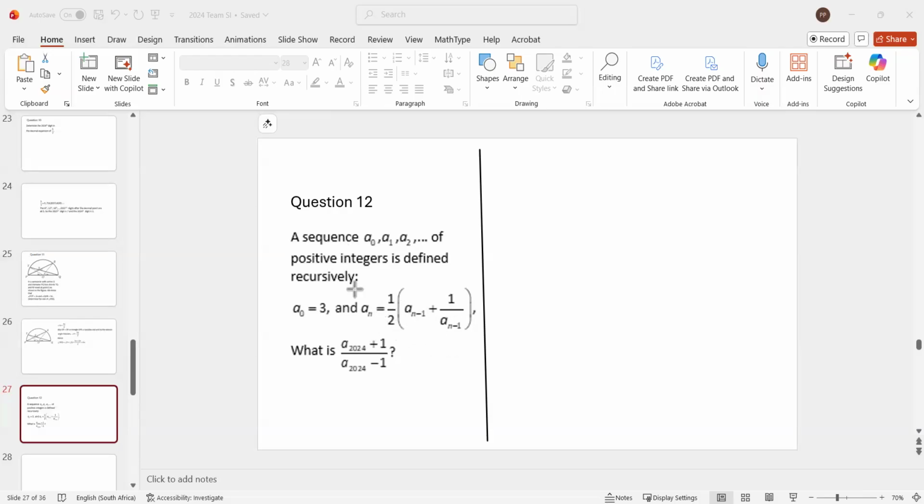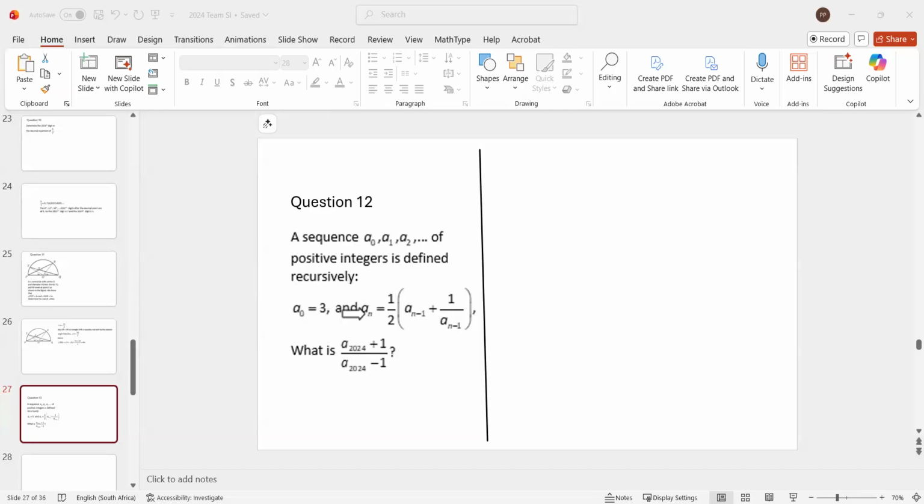Like in this case here, the sequence is defined in a particular way. The sequence of positive integers is defined recursively. It means each term is defined in terms of the previous one. So the first term, a0, is said to be 3.